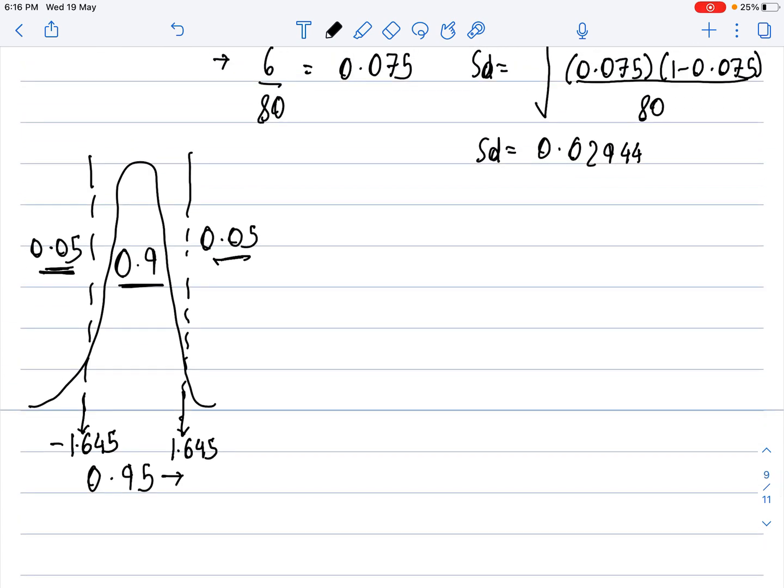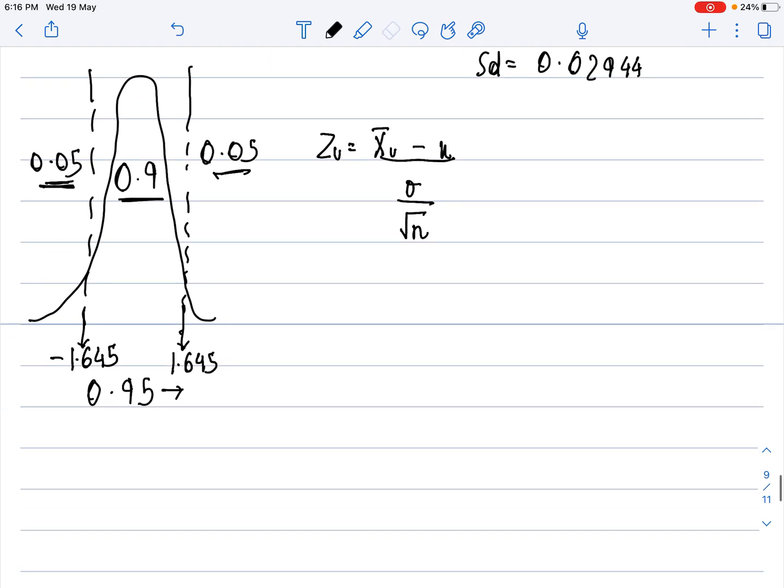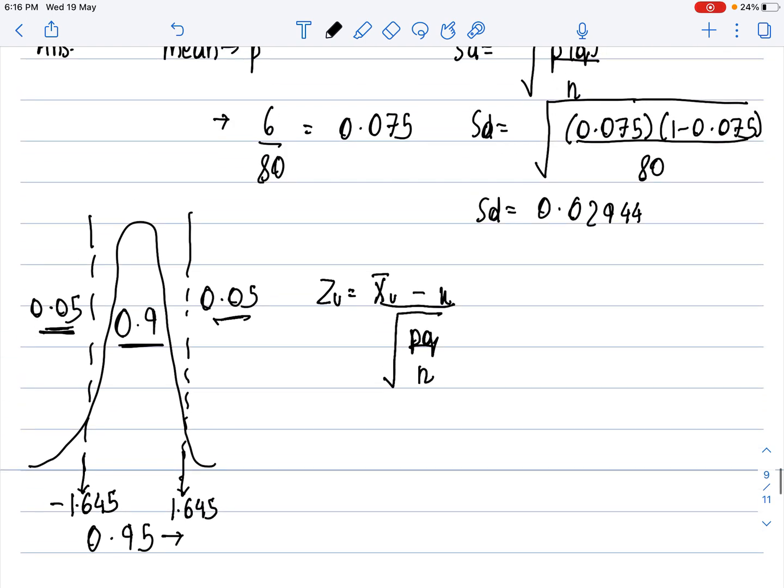Now I know a formula that the upper z value is equal to the upper x value minus the mean over the standard deviation. Actually there's no root n here; it's just the square root of pq by n, which we calculated here.